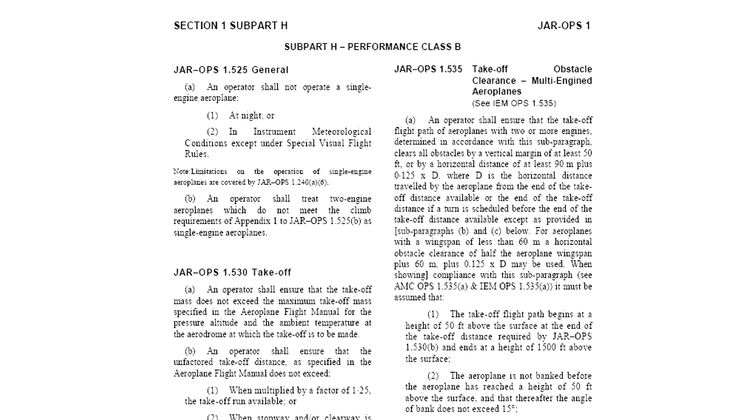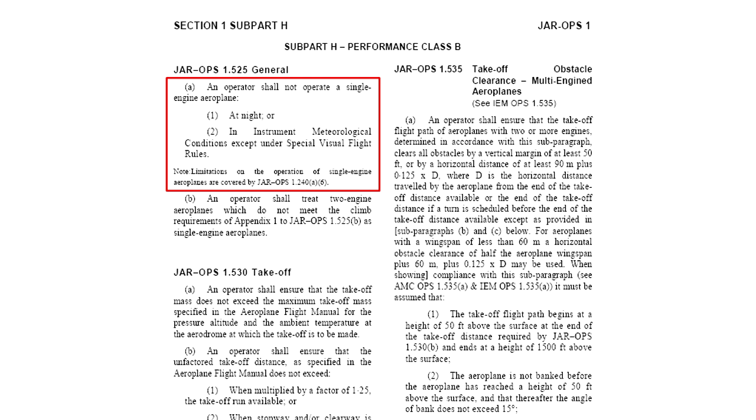Since Class B aeroplanes are not subject to very stringent certification specifications, they therefore have the very strictest operational regulations applied to them. This was briefly mentioned in the previous lesson when we stated that single-engine aeroplanes are not allowed to operate as public transport at night or in IMC.